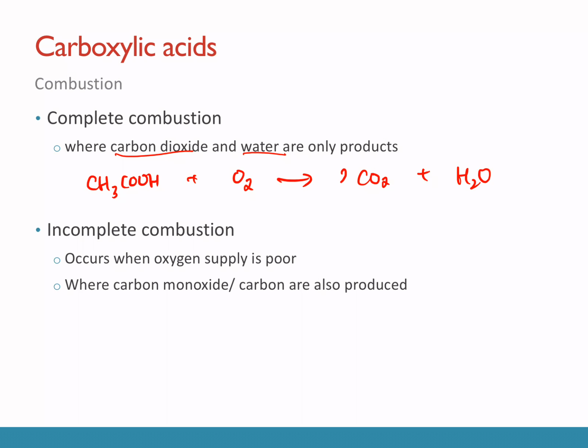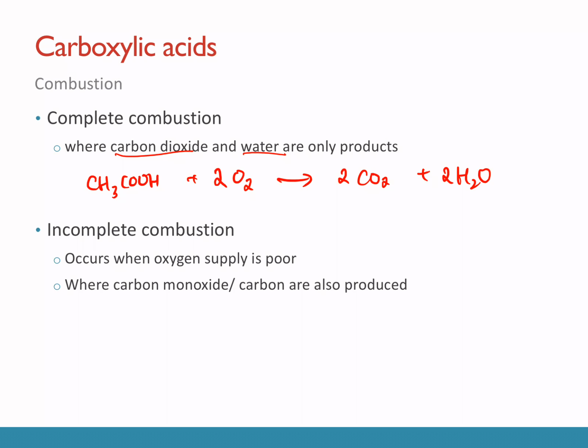So I need to have 2 carbon dioxide. How many hydrogens do I have on the left? I have 4, which means that on the right hand side I must have 2 water. Okay, totaling up, how many oxygens do I have on the right hand side? I have 6. On the left hand side I have 4 already. To make it 6, I just need times 2 here.